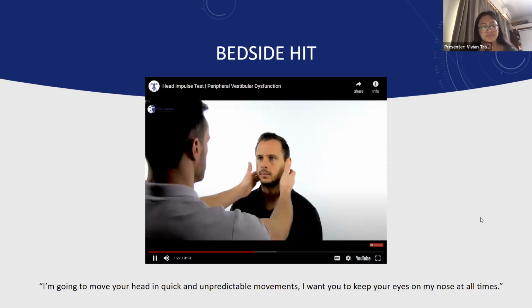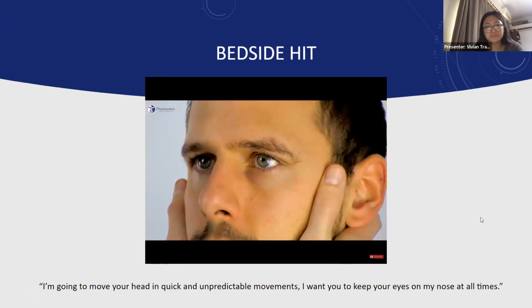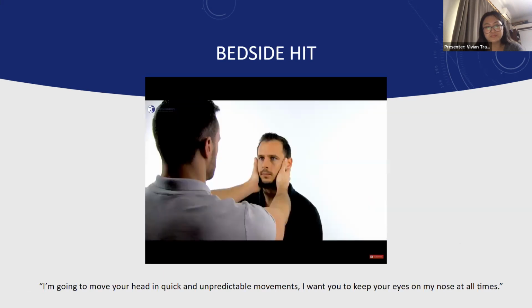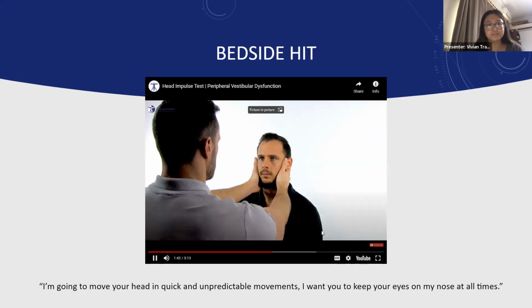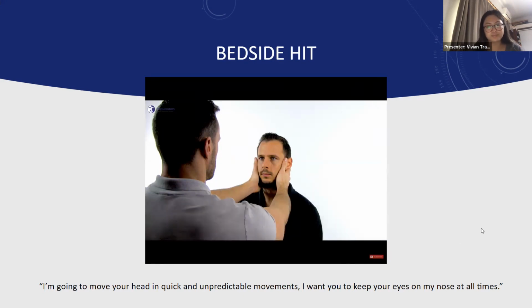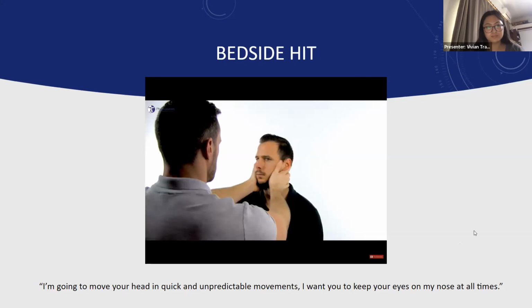To perform the test, the examiner sits in front of the patient and places a hand on each side of the patient's head. The patient is instructed to focus on the examiner's nose, and the examiner focuses on the patient's eyes. The patient should keep the eyes open even if vertigo symptoms worsen. Now the examiner quickly turns the patient's head towards the side to be tested while watching the patient's eyes.